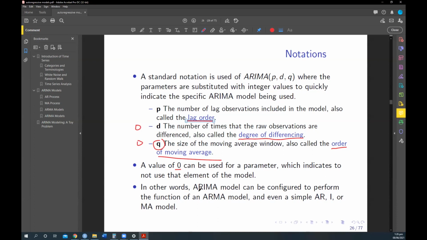So in other words, an ARIMA model can be configured to perform the function of an ARMA model. It becomes ARMA if there is no differencing, since there is no I there. So it's just ARMA, but if you add differencing, that's the time it becomes ARIMA. And it can also have no MA, just AR. Or it can have no AR, just MA. Okay? No problem there.